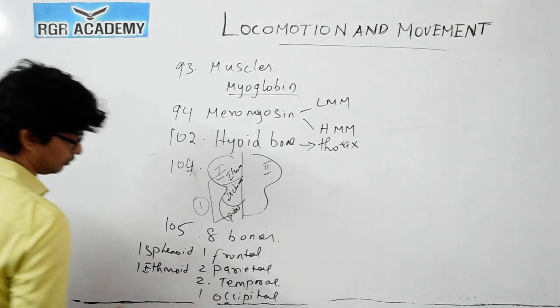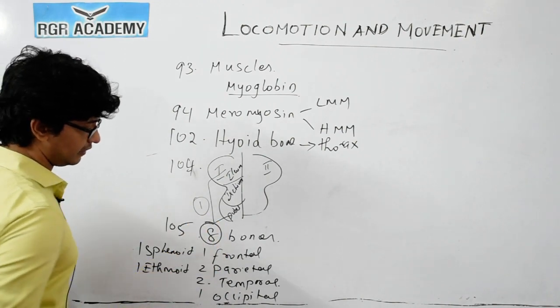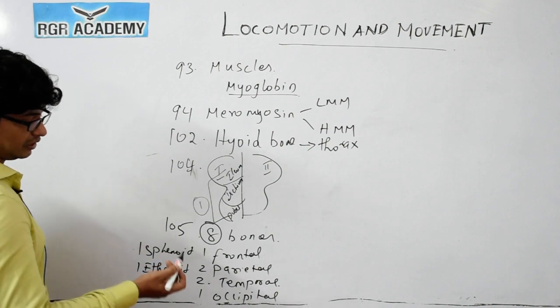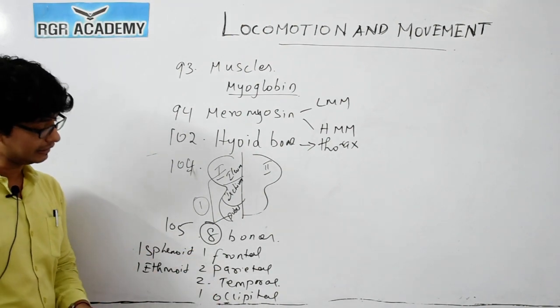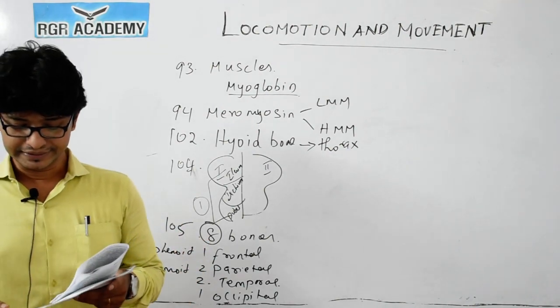Totally, in the skull you could see these 8 bones. They may also ask how many occipital bones are in the skull. That is only 1 bone. In the individual segment also you may get the question. So 8 bones are there in the skull.